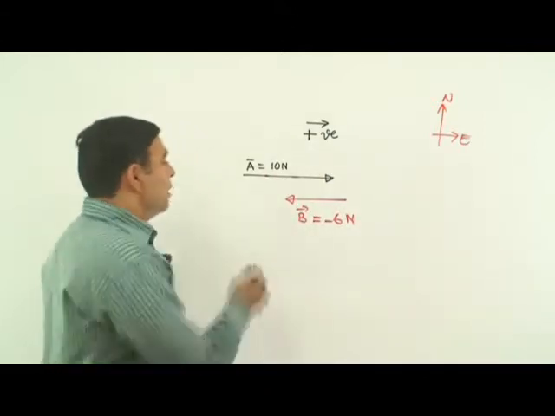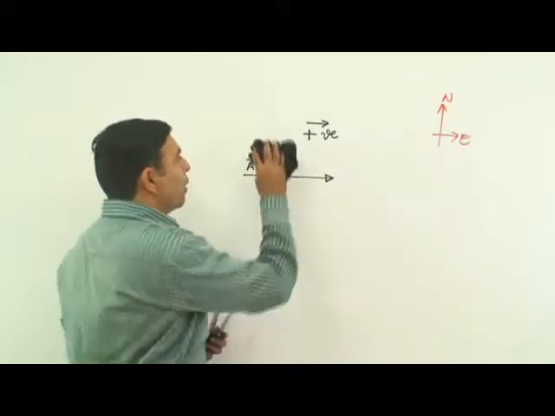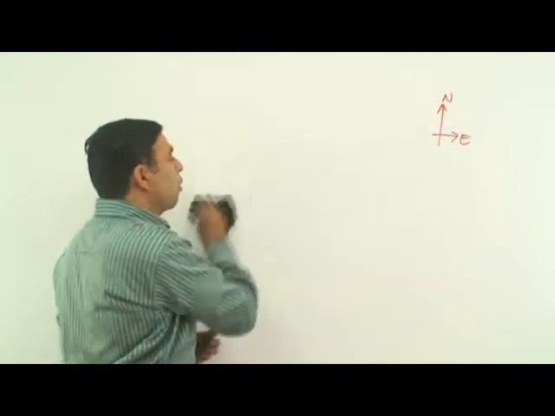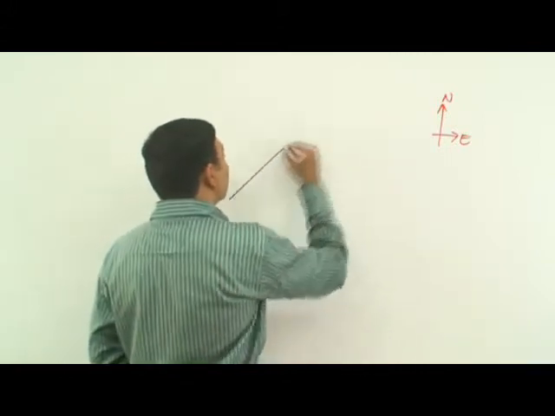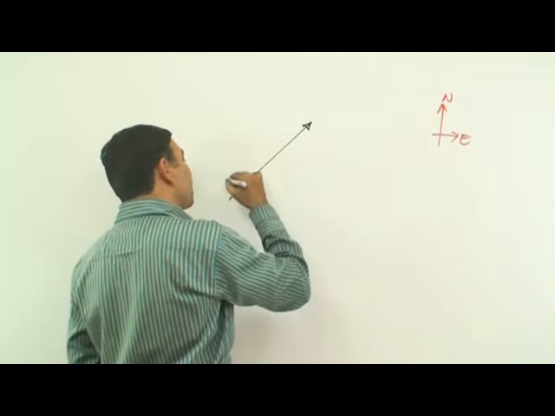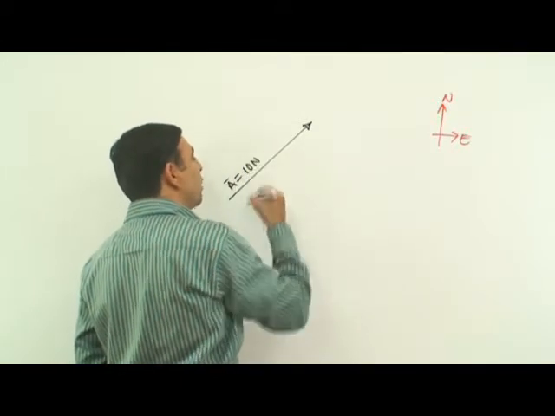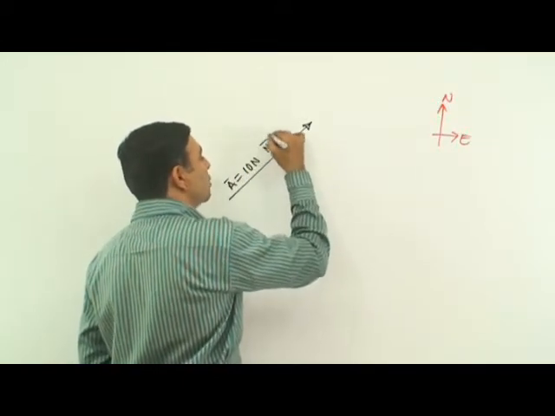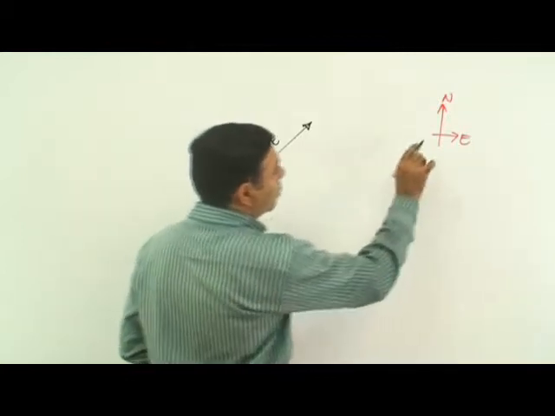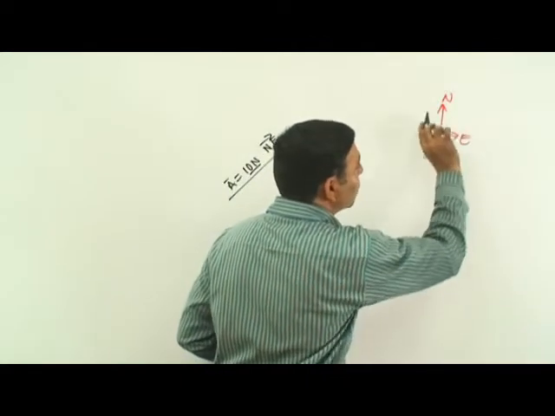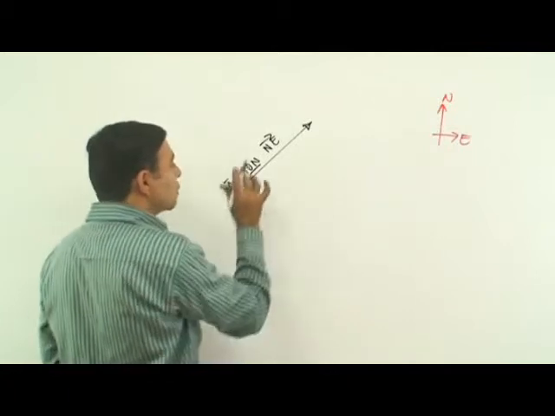Fine? Now let us discuss about a vector and a negative vector of that vector. For example, suppose now vector A is once again 10 Newton magnitude, but it's in northeast direction. Northeast means 45 degree with east, 45 degree with north. So this is vector A, suppose.